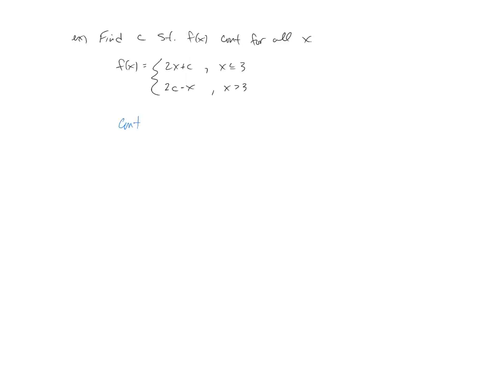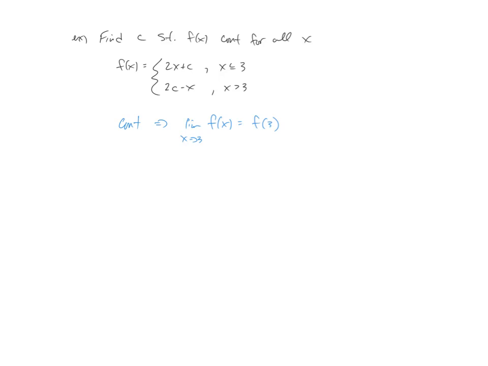For this thing to be continuous, I know that the limit as x approaches 3 of f of x needs to equal f of 3. Now, I know that 3 is my point in question because of how the piecewise function is set up. That's where the break is in the graph. So I know that this definition needs to hold true for our function to be continuous.